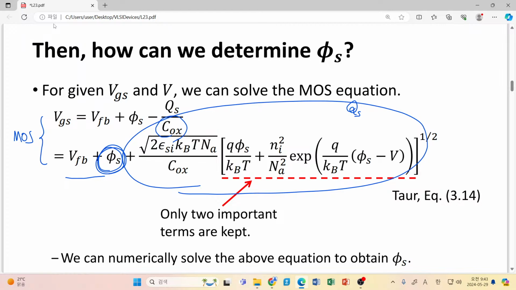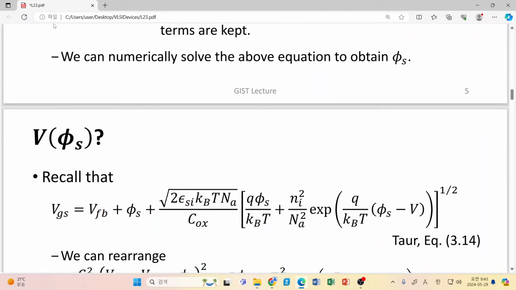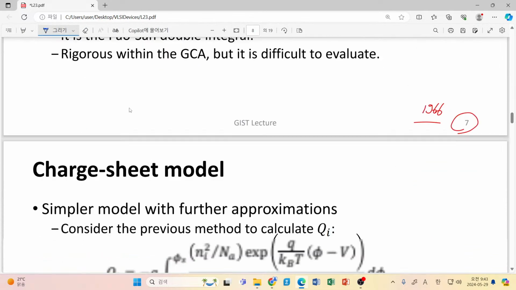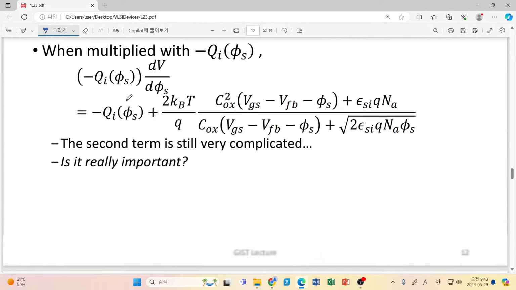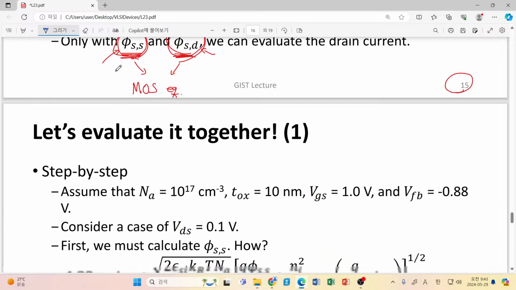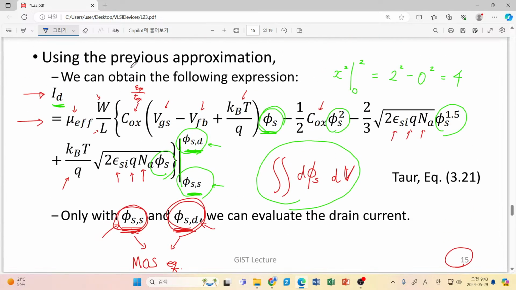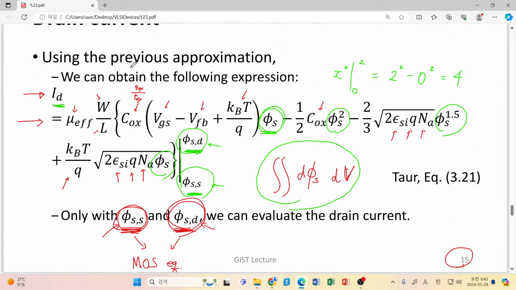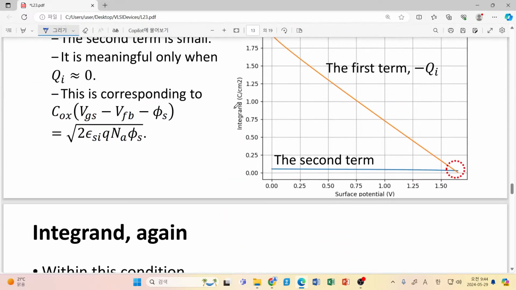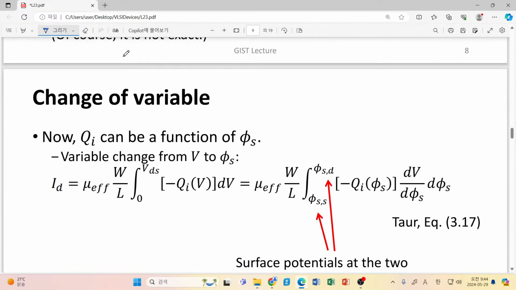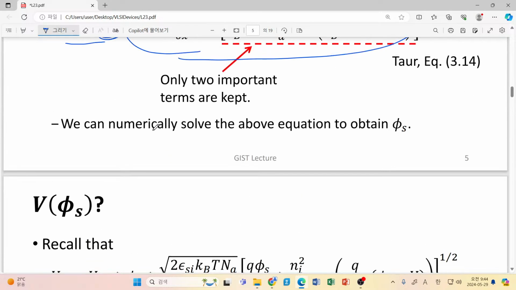Actually, this is the procedure we need eventually. As I told you in my advertisement or spoiler part, eventually we have to calculate phi s at the source side and phi s at the drain side. Then how can we calculate these two values? The trick is nothing but just to solve this MOS equation.